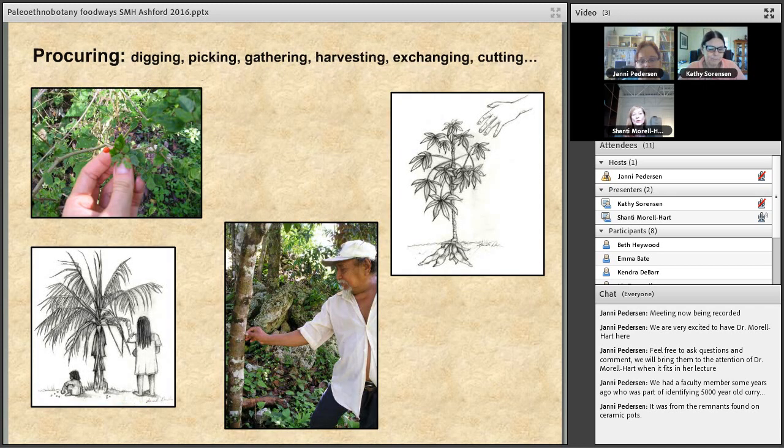All right, so we've also got these different modes of procurement that might have to do with going out collecting resins from a tree. I've got here pictured, you probably won't be able to see my pointer, a gentleman picking off bits of resin from a tree trunk. That's the copal tree in the northern Yucatan, and the resin that's there, oh, hey, there's a cursor.